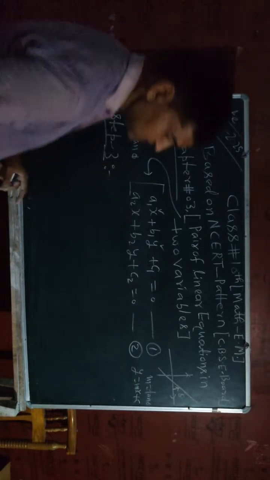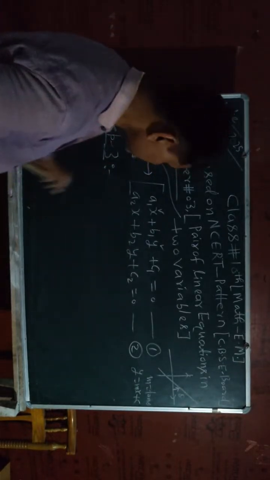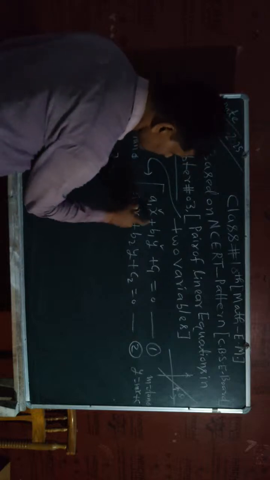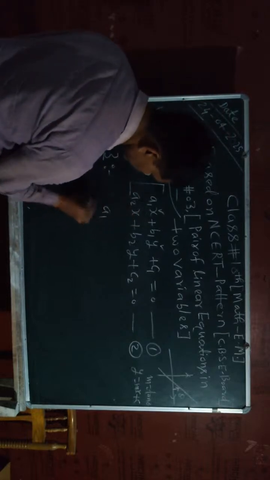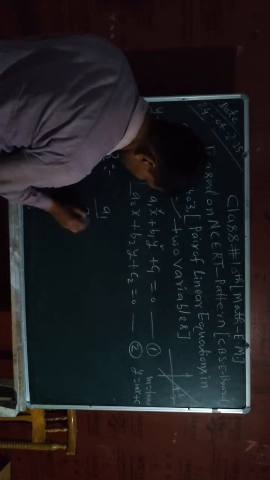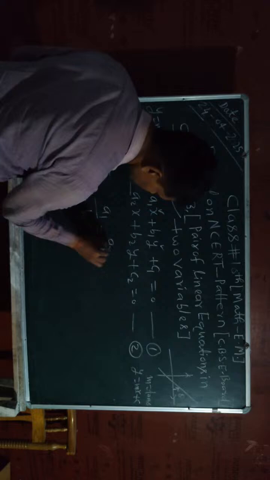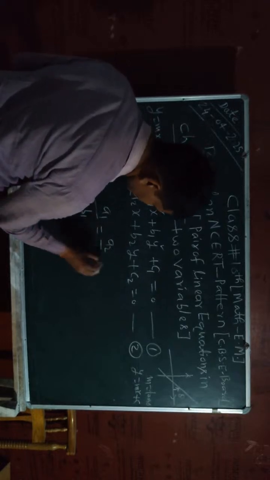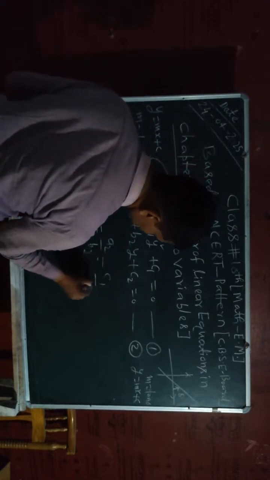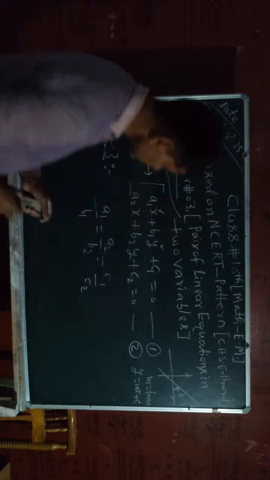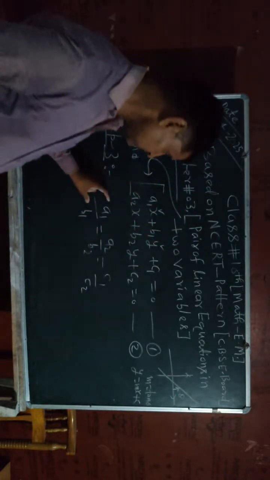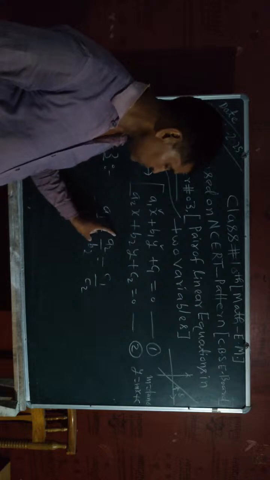So in second step there was no solution, but in third step a1 divided by b1 is equal to a2 divided by b2 is equal to c1 divided by c2. It means that this line has slope and this line has slope same.